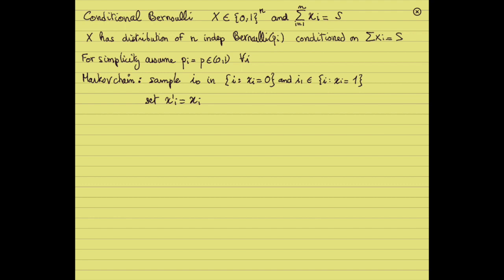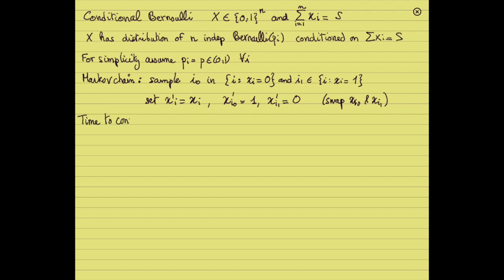To obtain a new state, we copy the current state, so x prime is equal to x, except that at location I0 we put a 1, and at location I1 we put a 0. In other words, we have swapped the entries xi0 and xi1.